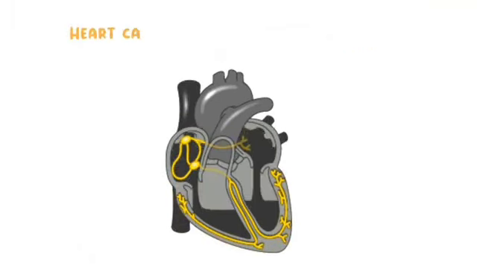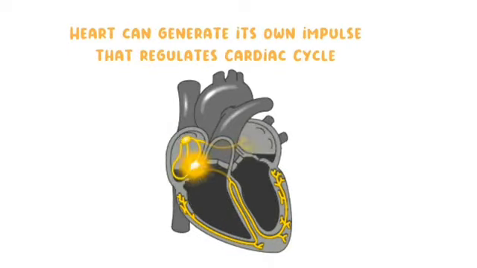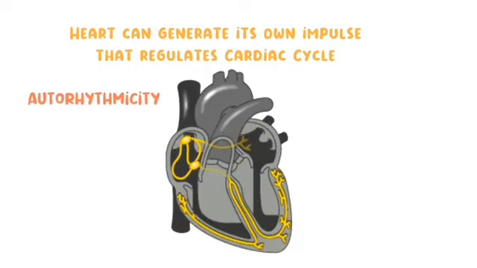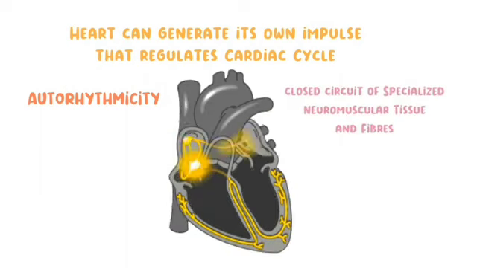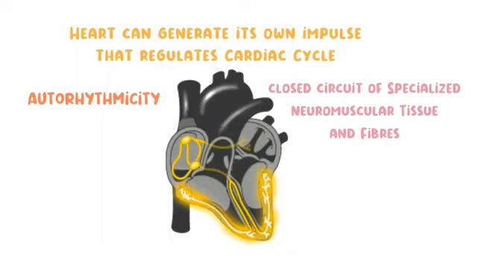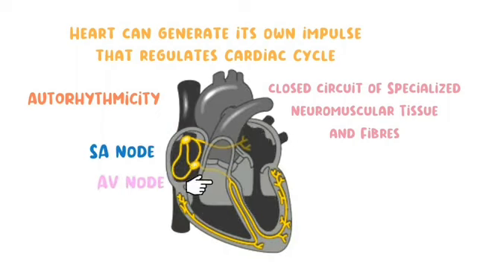The conducting system of the heart has two nodes, which are bunches of neuromuscular tissue connected to each other by nerve fibers. This is your SA node, AV node, bundle branch, and Purkinje fibers. The SA node is unstable and depolarizes 60 to 80 times in a minute.